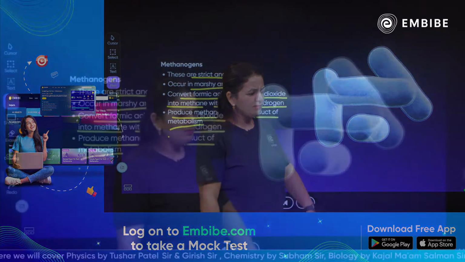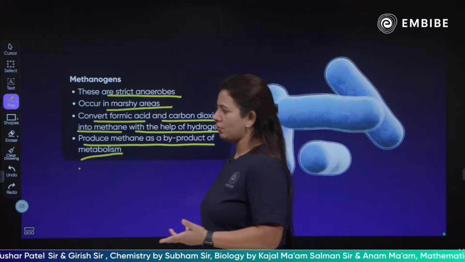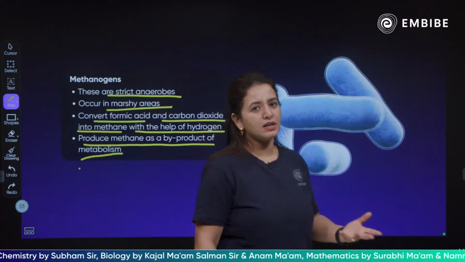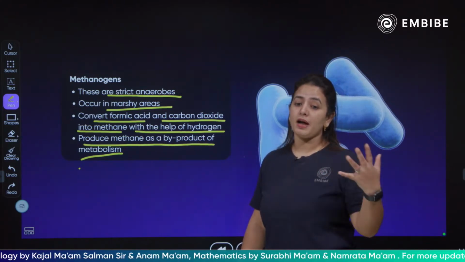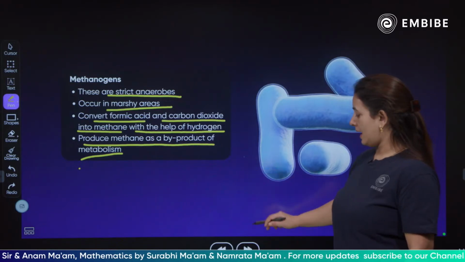Many industrial applications of methane gas are there. So the methane gas produced by the Methanogens, their byproduct, their waste product, can be of use. So these are the Methanogens.